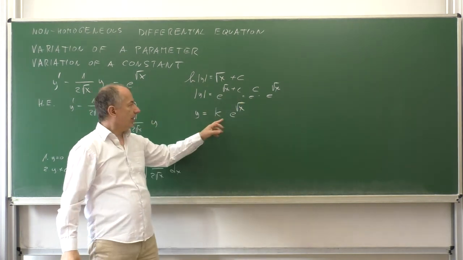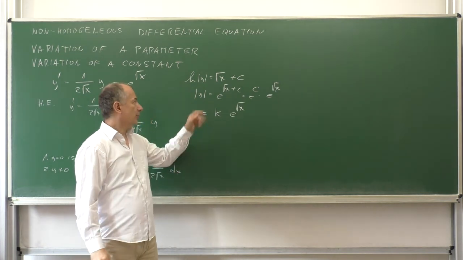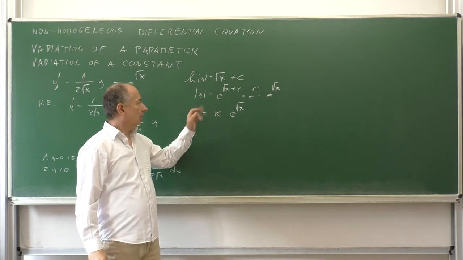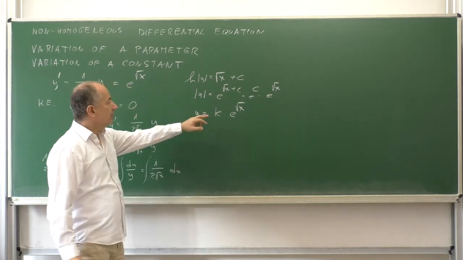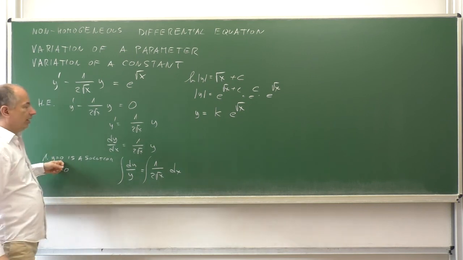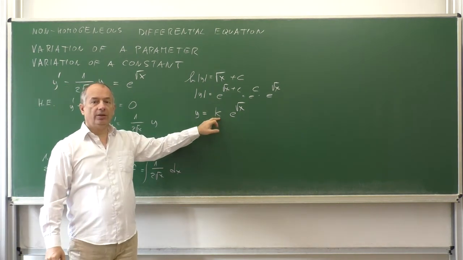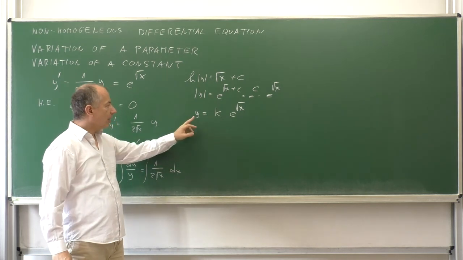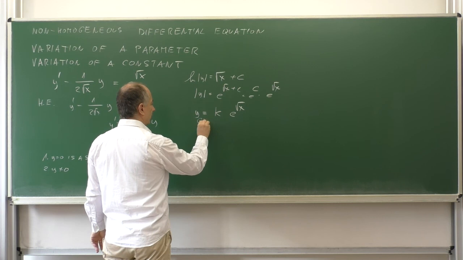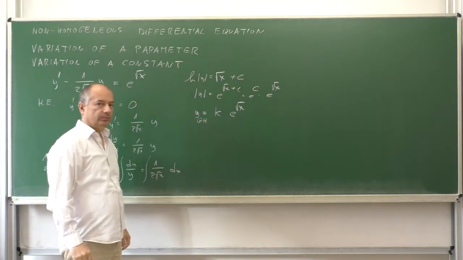The constant k is e to c if y is positive. The constant k is minus e to c if y is negative. And this formula contains even the case when y is 0, because then k is 0. So this is the general solution to the homogeneous equation.